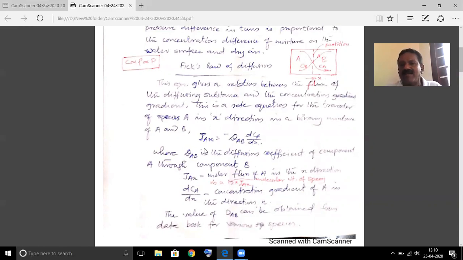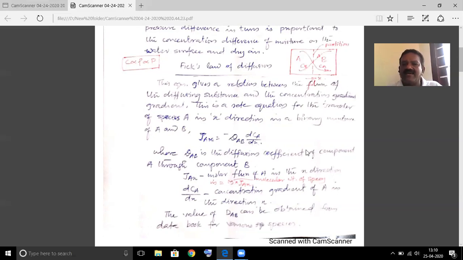So the molar flux of mass transfer will be equal to minus D_AB into dC_A by dx, where D_AB is known as the diffusion coefficient of A with respect to B, and dC_A by dx means the concentration gradient of A along the direction of x.